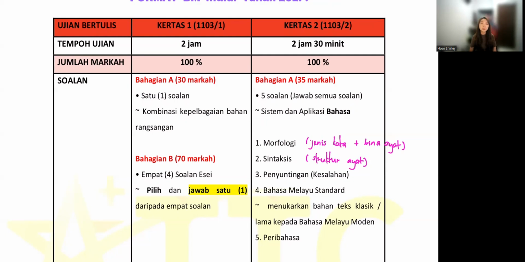Then the third one is penyuntingan. Penyuntingan in Malay, in English we call it edit. So why do you need to edit? Because there are mistakes. For example, there are 4 categories under this penyuntingan: kesalahan ejaan, kesalahan imbuhan, kesalahan tata bahasa, kesalahan istilah.